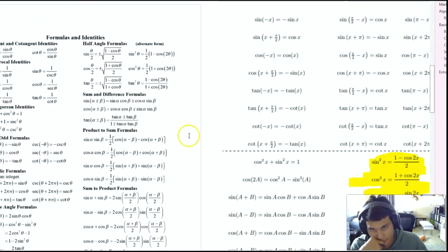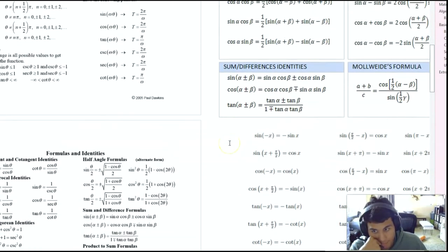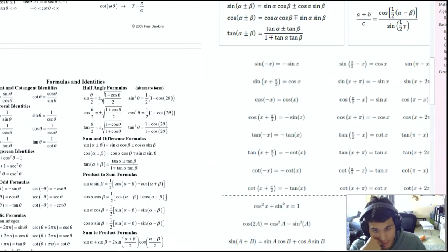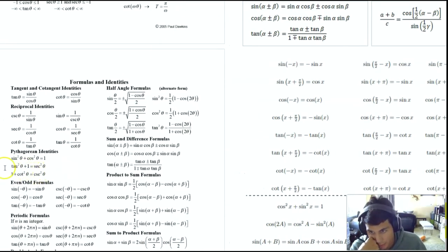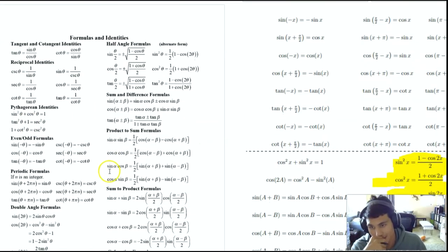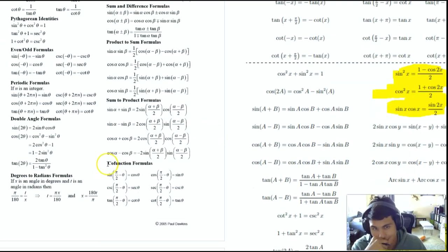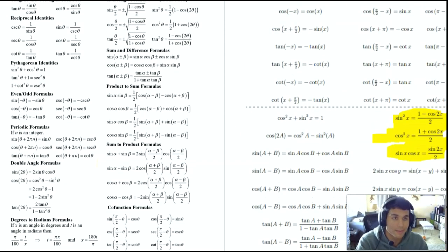Let's check the trig table. There you guys go. Okay, so we can use this one. We can write it as tangent squared theta plus 1. Okay, that works. Let's just think, maybe there's something better. Yeah, it looks like we're just going to write it like that.